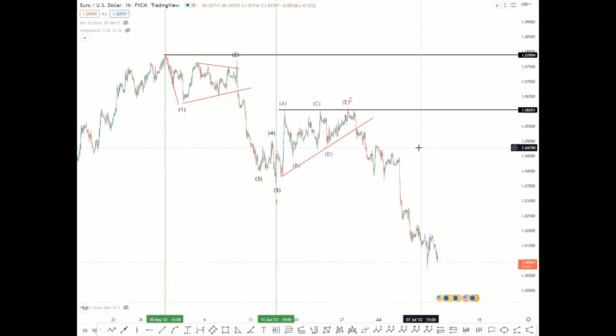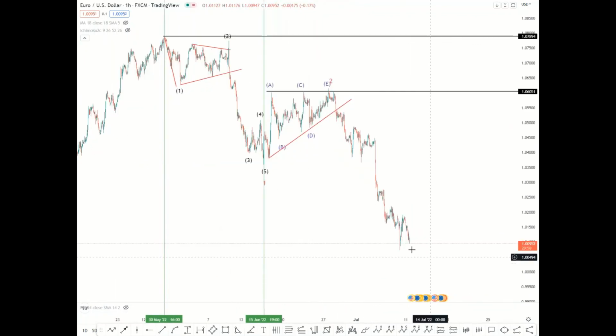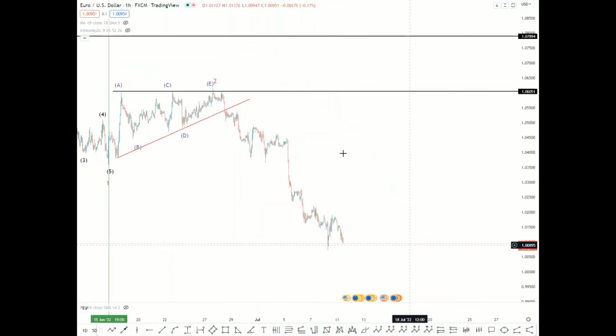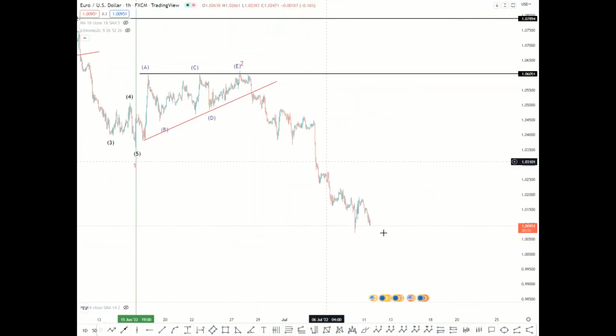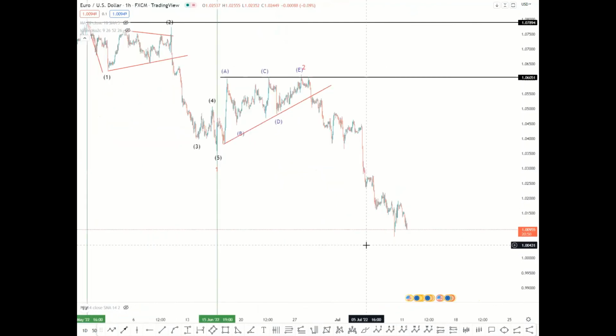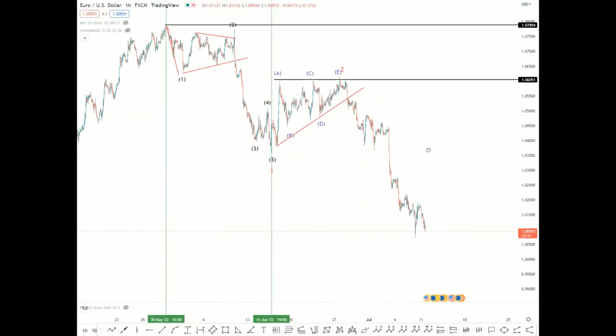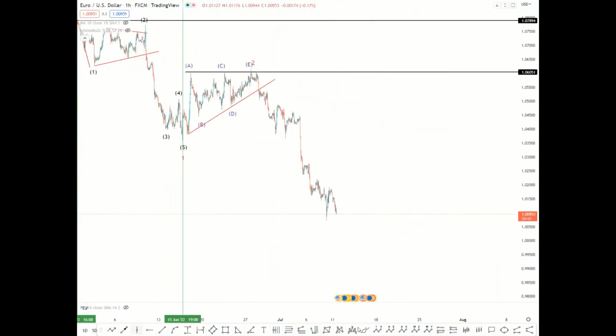And then if this is 2, then you're making 3 in a larger degree. That's why this graph keeps on dropping. Look at this, it just keeps on dropping, just keeps on dropping. So I think the basic structure is like that, and you are making your 3, then you need your 4.